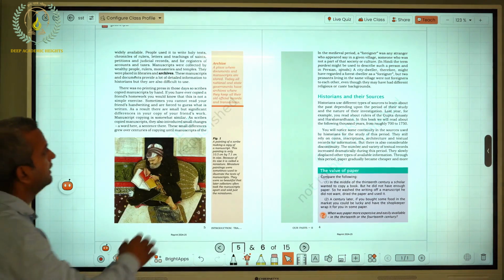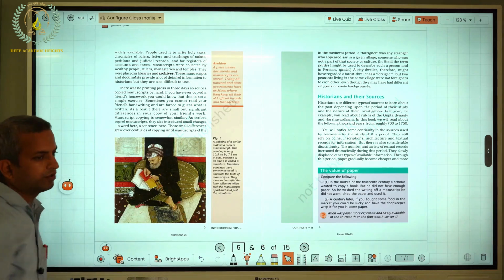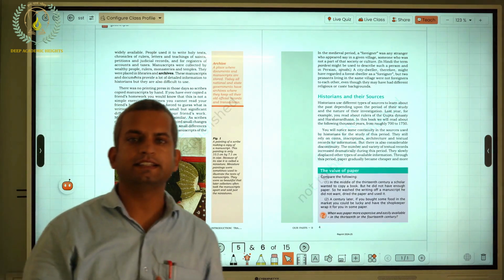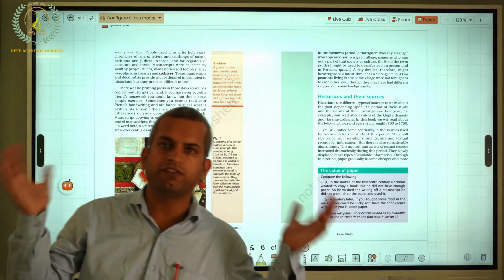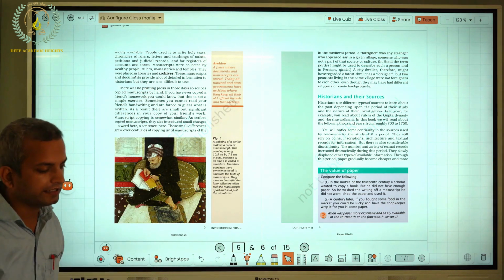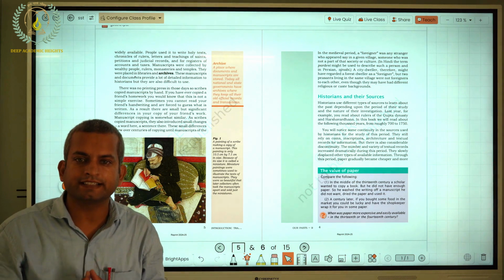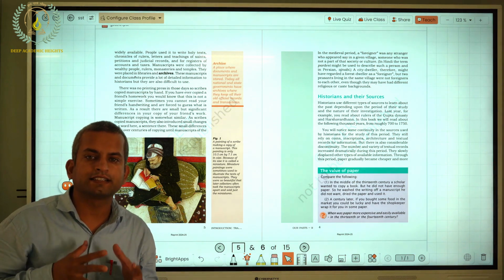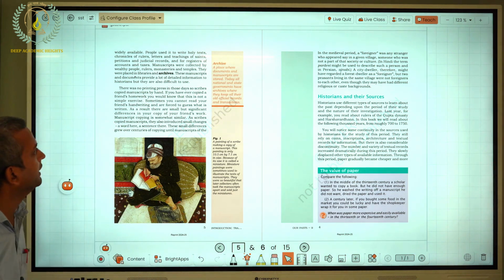Now moving ahead, this particular word, archive, also attracts us. Archive means a place wherein all the information is gathered and stored. A particular place is assigned wherein the information should be accessible.